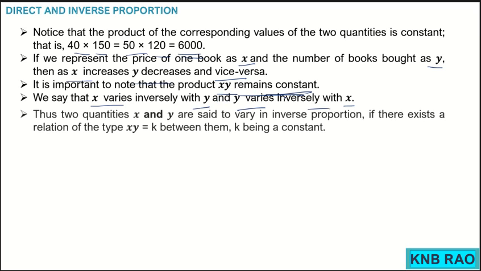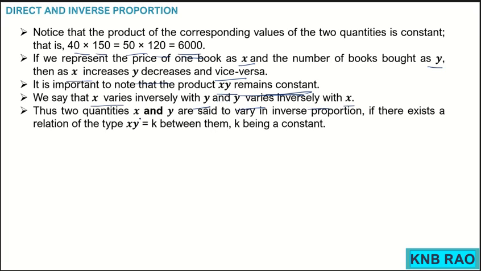Thus, note this down as a definition: two quantities x and y are said to vary inversely if there exists a relation of the type x into y equals k between them, where k is a constant.